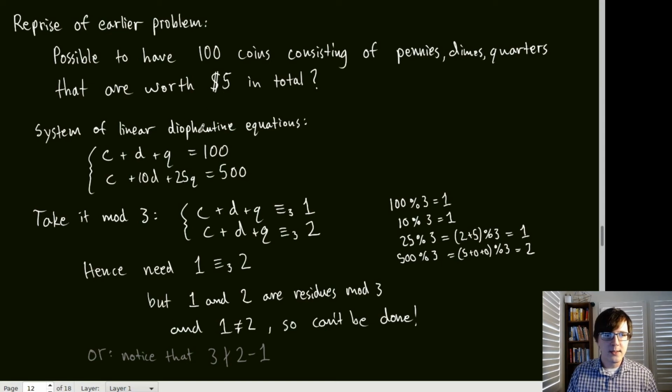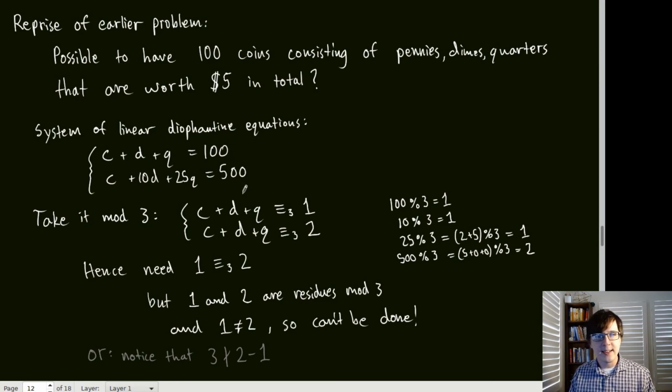And what we did was we immediately turned it into a system of linear diophantine equations, which we didn't call it that back then, but given the previous lecture, that's what we can now call it. So C plus D plus Q, so cents or pennies plus dimes plus quarters is 100, and then the value, pennies plus 10 dimes plus 25 quarters, is 500 cents. And let's say that we did have a solution.